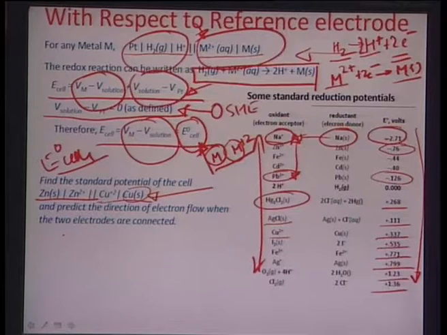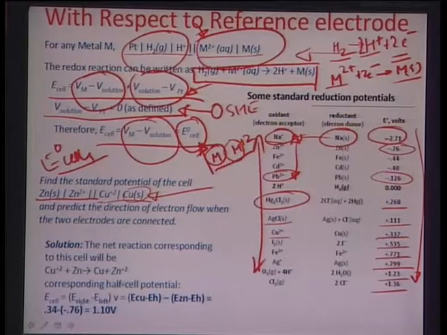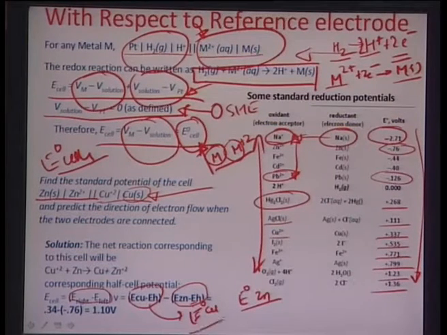So, the standard cell potential in this case would be E right minus E left, which is E copper sulphate minus E zinc sulphate, and these are nothing but E0 copper and E0 zinc. If you look at this electroactive series here, the E0 copper comes out to be about 0.34.